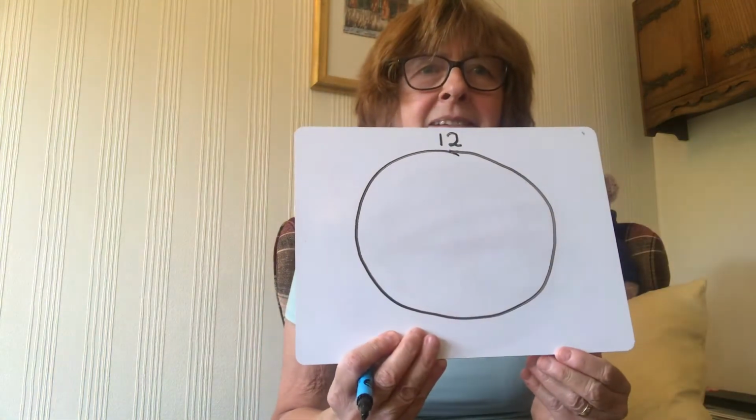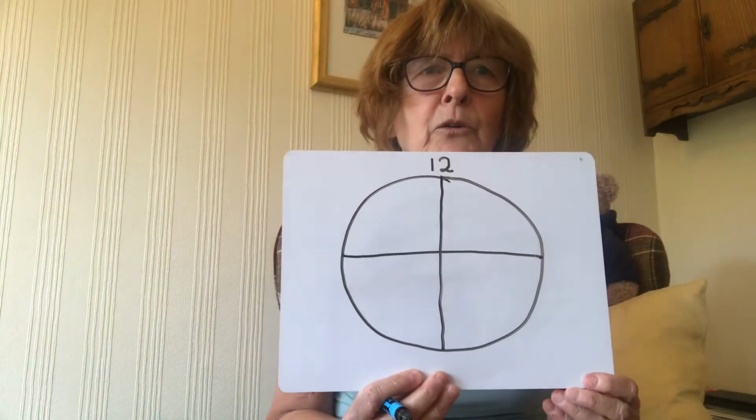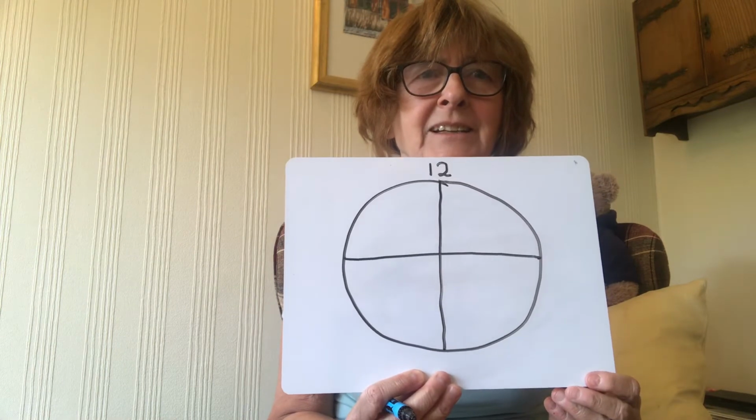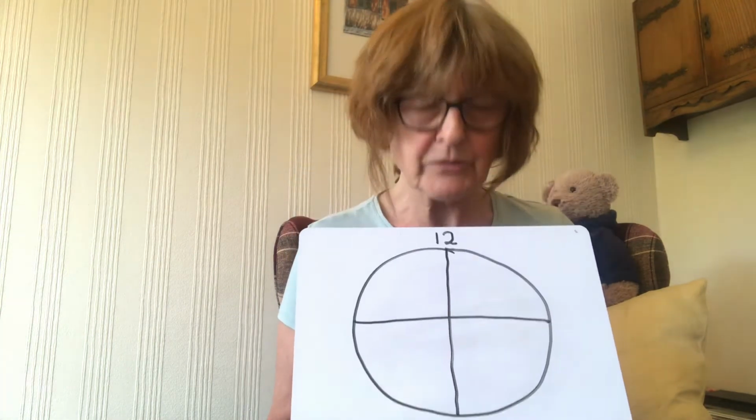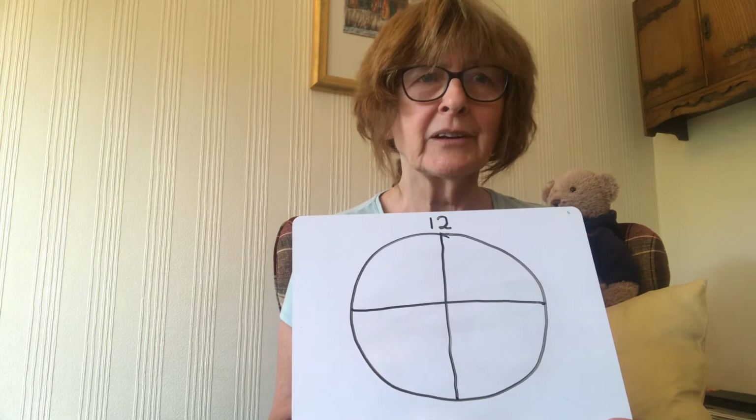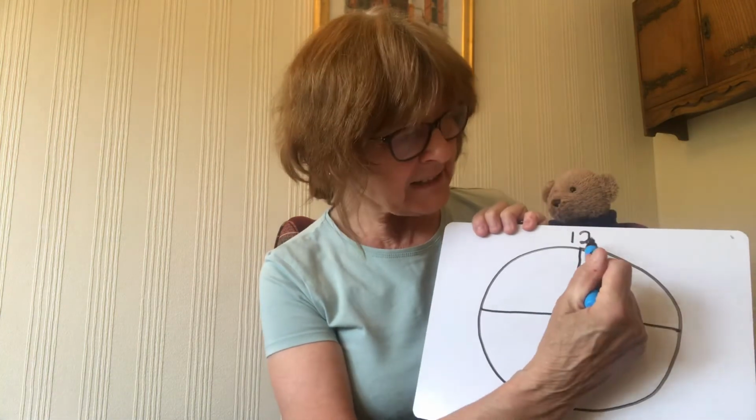Now, if you think of a circle as a clock, the clock is split into 4 quarters. And we are thinking about 4 turns of the clock. At the top of the clock is the number 12.